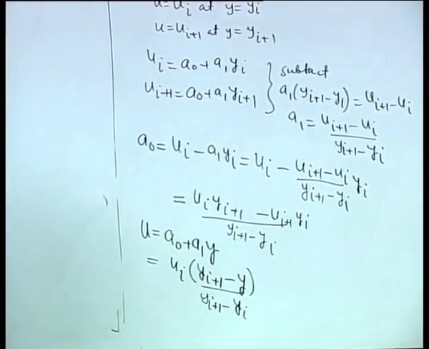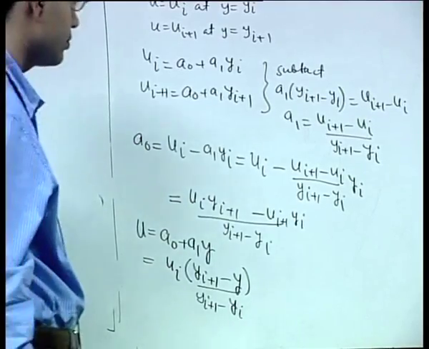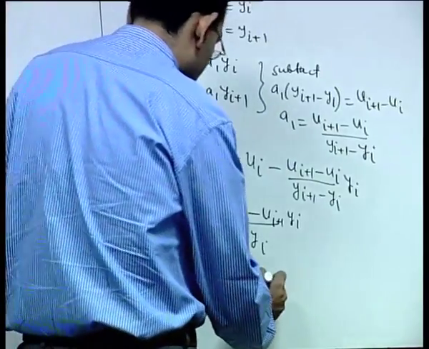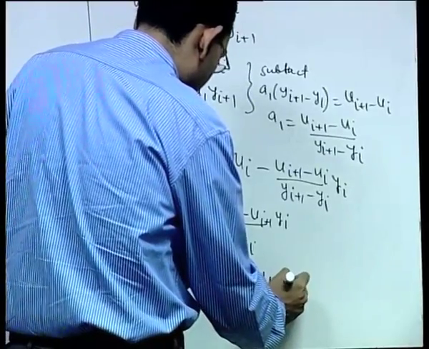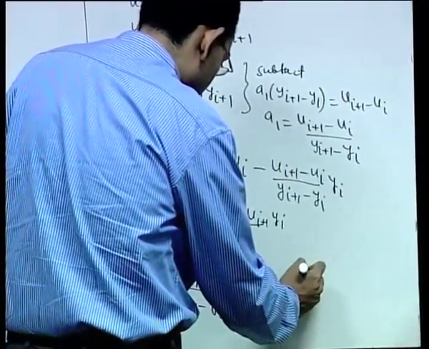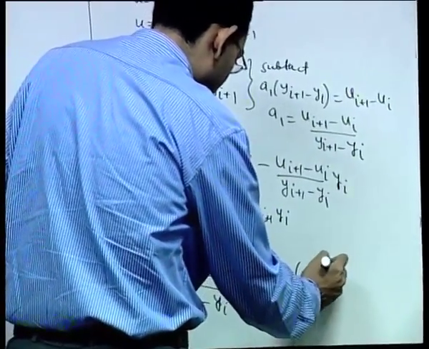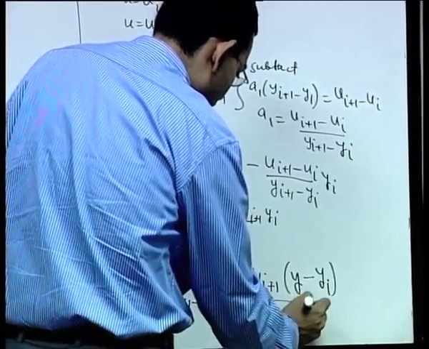This is with ui, and ui plus 1 into (y minus yi) by (yi plus 1 minus yi).